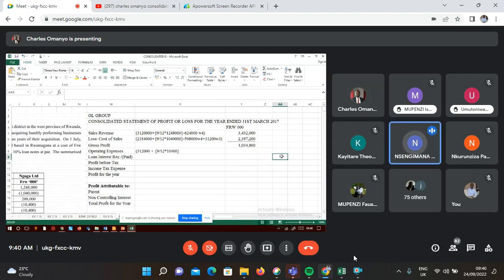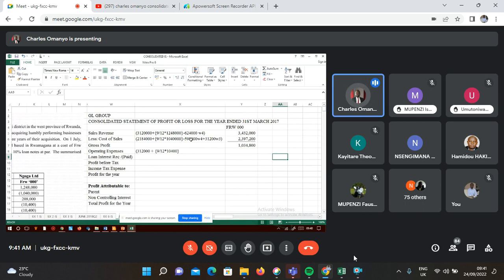My question is that I see the plus sign there. It means that for cost of sales, we have to minus that amount of 598 and plus 312. I thought this 312 would have a negative sign. No, it increases.